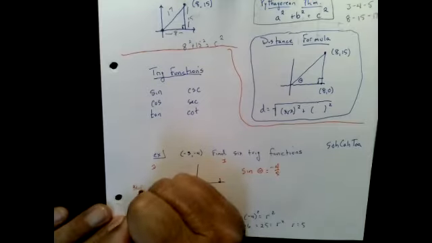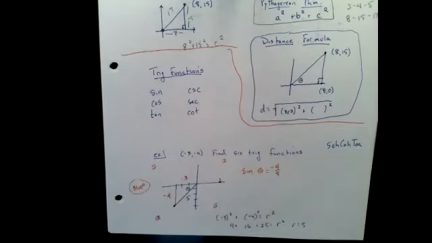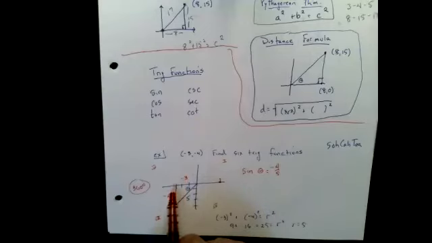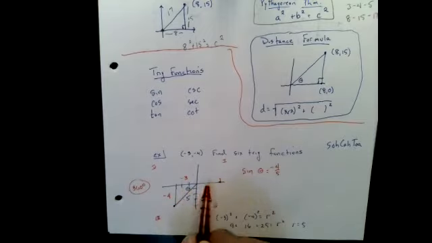Excellent. 360 degrees takes me all the way around. If I went from this horizontal axis up through quadrant 1, that would now be 90 degrees, 180 degrees. And then I start coming down into here. I'm looking at maybe 200 degrees, 210, 220. So that theta, when I learn how to find out what it is, is going to be 180 plus a couple of more degrees over there.